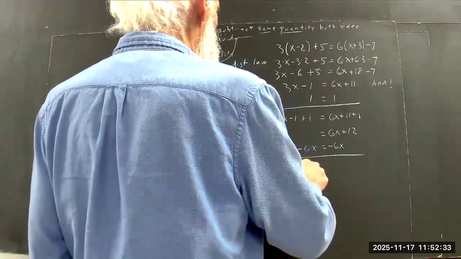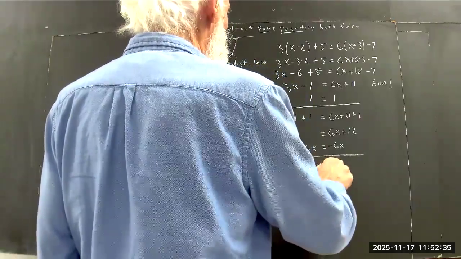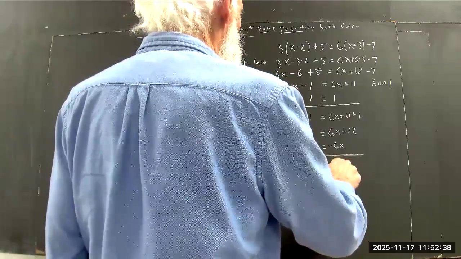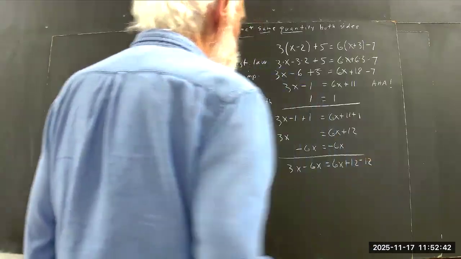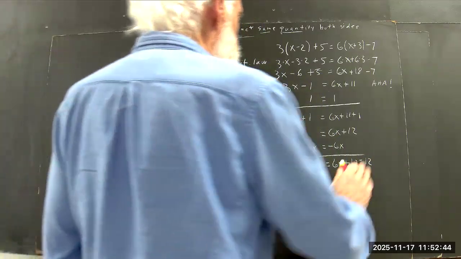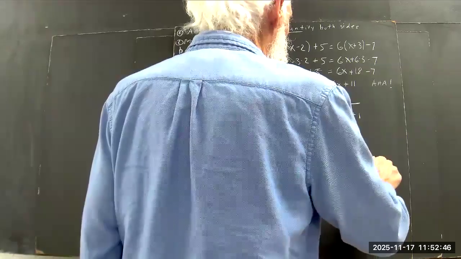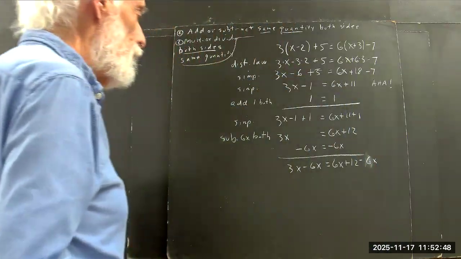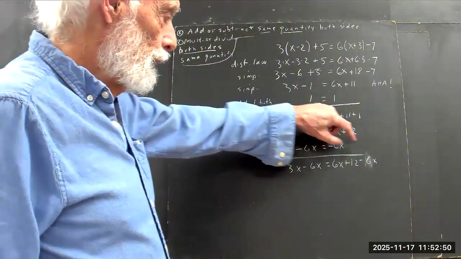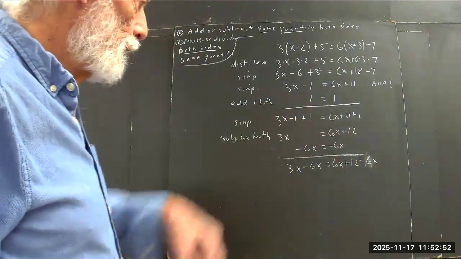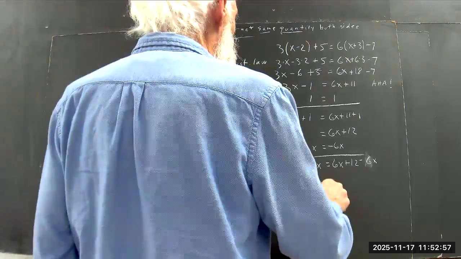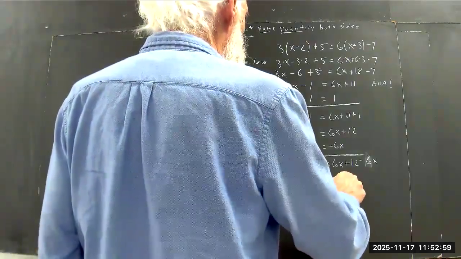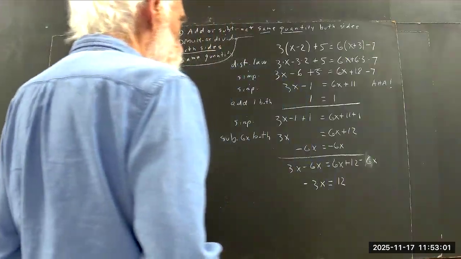And we get 3x minus 6x equals 6x plus 12 minus 6x, not minus 12. Okay, so the minus 6x appears here, the minus 6x appears here. And we get negative 3x equals 12.